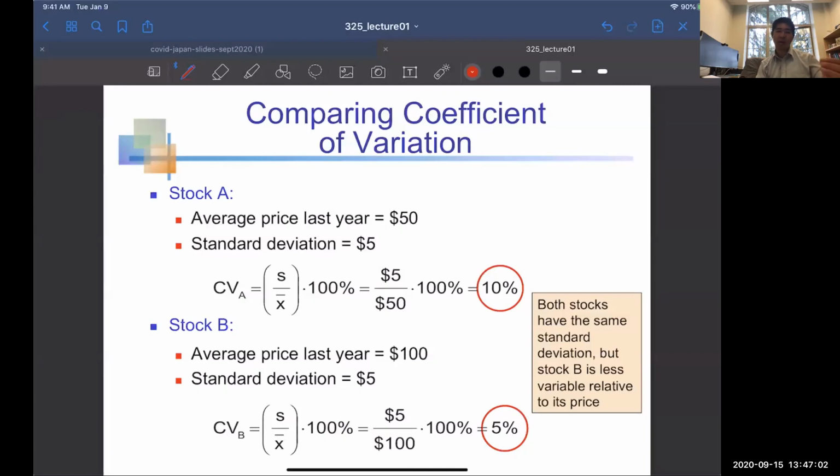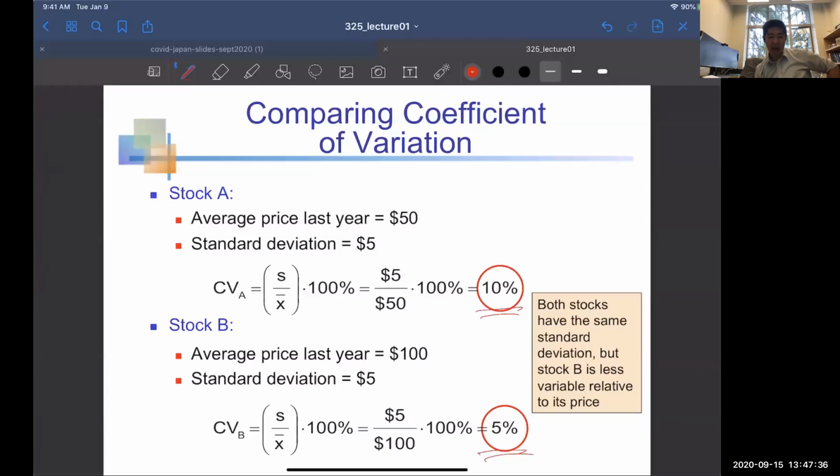In order to compare two stock prices and how they varied over time, you have to somehow normalize. The coefficient of variation is one measure you can use to compare how variable the stock price is across stock A and stock B, because it represents the percentage deviation from the mean.